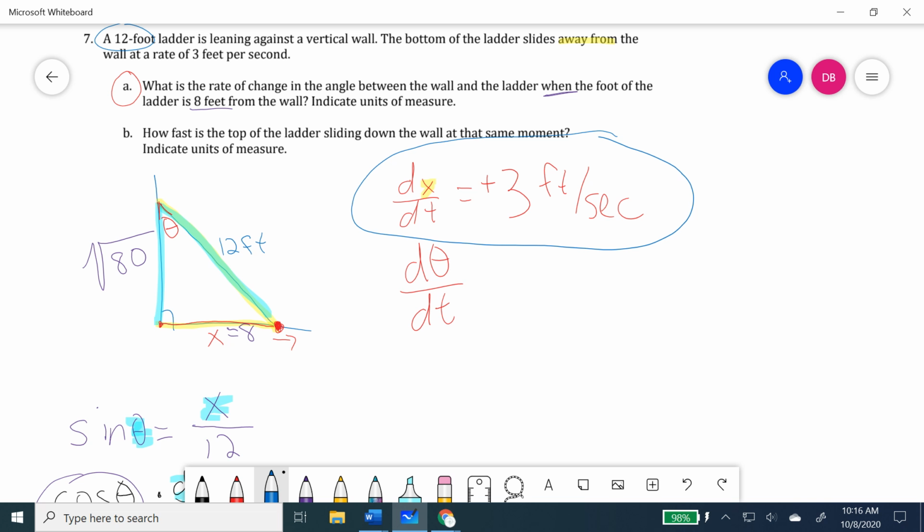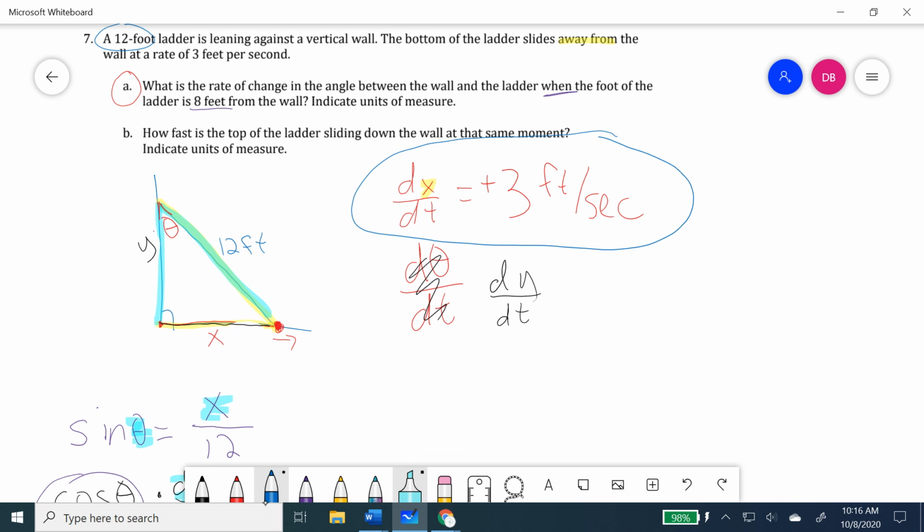You don't have to. But do realize that you need to go back and take away your when information. That when information is no longer there until you have taken a derivative. So you've got x, you've got y, they want you to find dy dt.